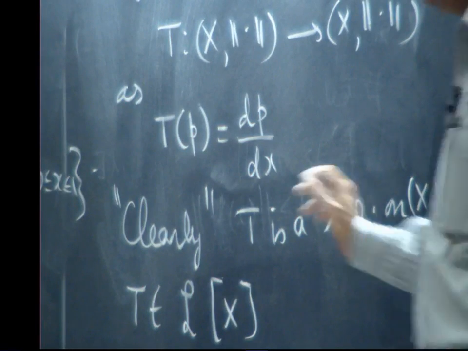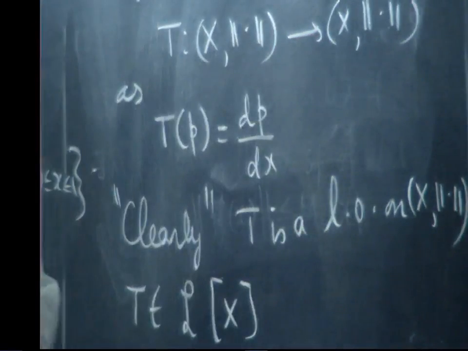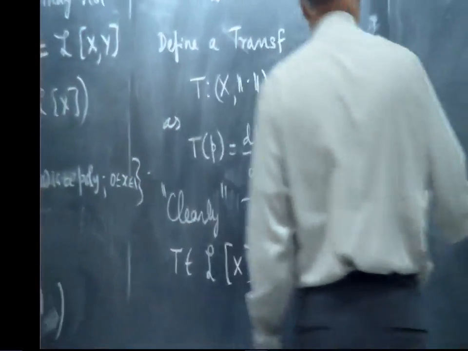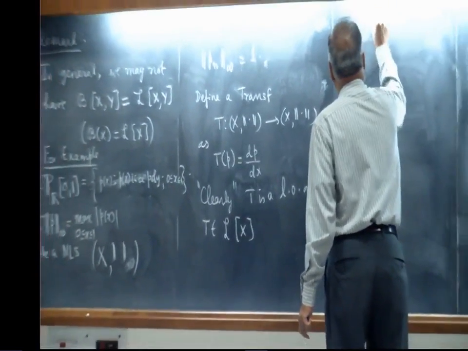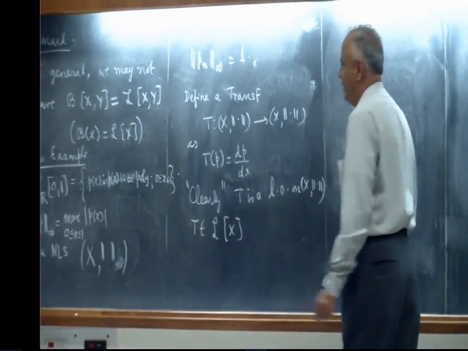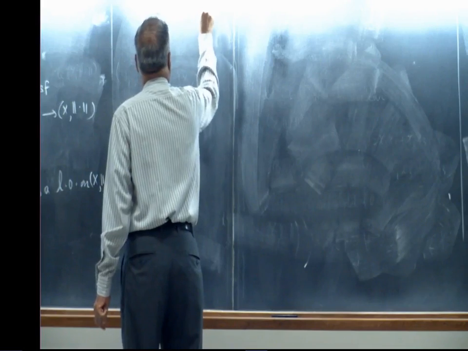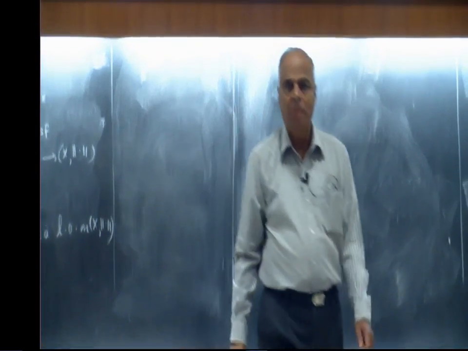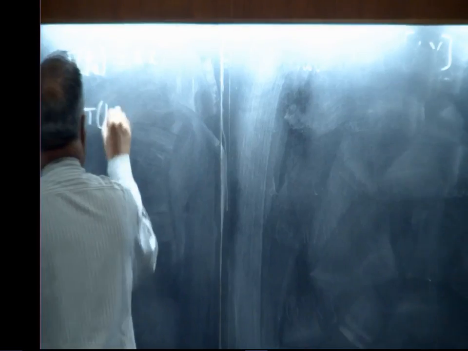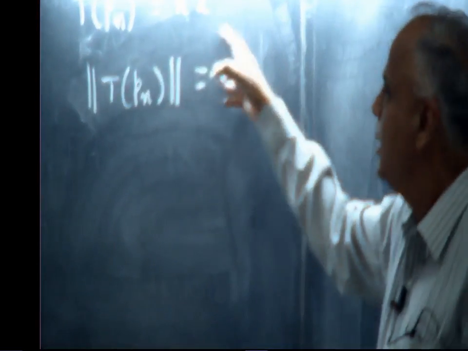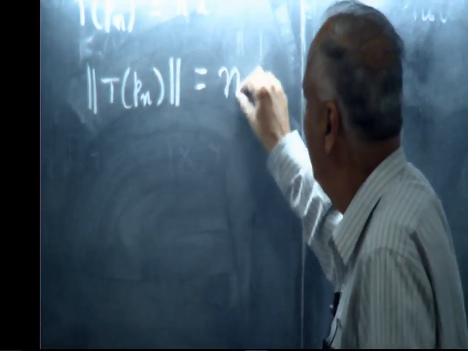Now, we will see that this is not a bounded operator. See, what is T of Pn? T of Pn is n x to the power of n minus 1. I am differentiating that. Okay. So, therefore, what is the norm of T Pn? That will be the maximum of this, which is n.